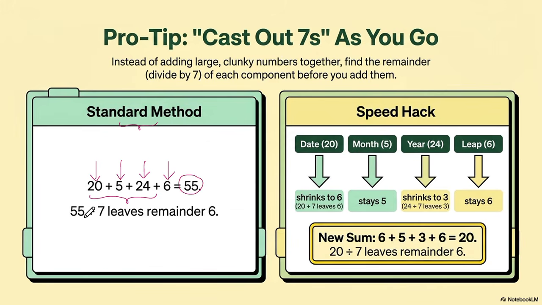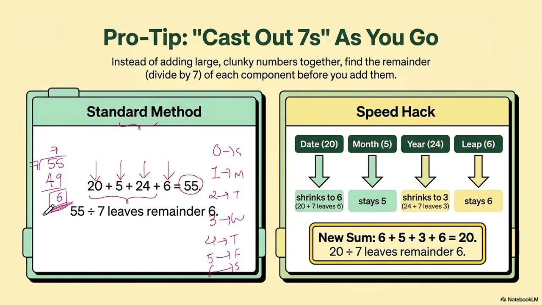If you divide 55 by 7, 7 sevens are 49, so the remainder is 6. In the end we want only the remainder. So if the remainder is 6, what is your answer? We gave it at the start: 0 means Sunday, 1 means Monday, 2 means Tuesday, 3 means Wednesday, 4 means Thursday, 5 means Friday, and 6 means what?